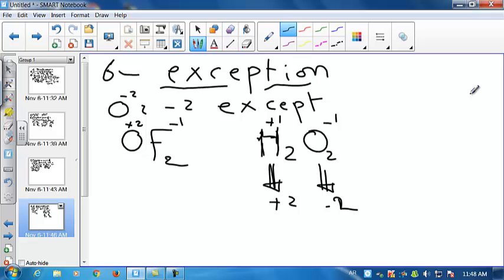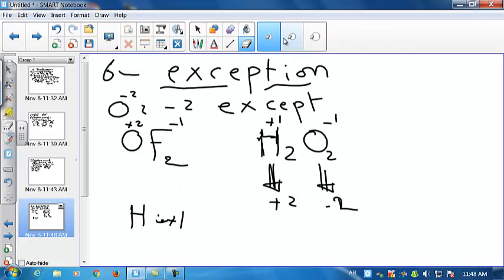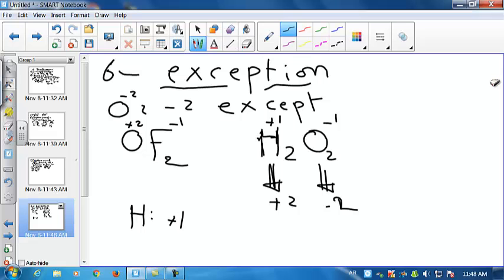The normal oxidation number for hydrogen is +1. It is group 1, so its charge is positive 1, as the teacher said before. Right? What is the exception? Except in metal hydrides, like calcium hydride, sodium hydride, potassium hydride, lithium hydride, any metal under hydrogen in the periodic table. If you go to the periodic table, see group 1, hydrogen comes first.